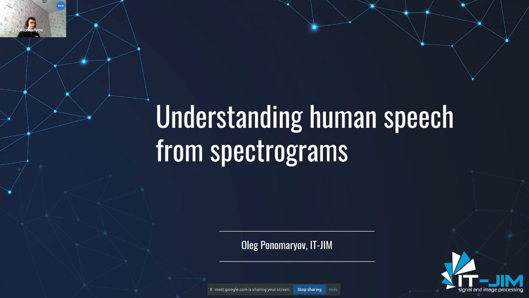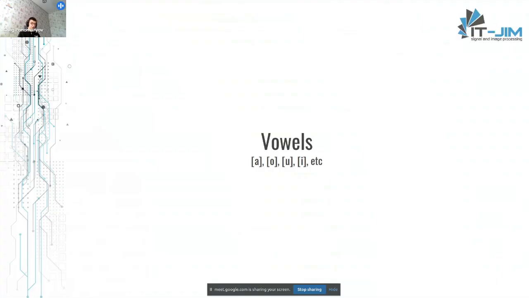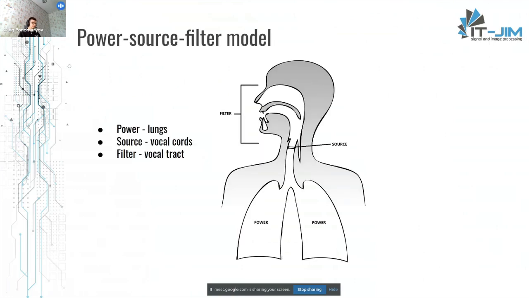So let's start. To learn to understand words from the spectrogram, we need to start with separate sounds. And we will start with vowels, which are sounds like a, o, u, e, and others. For this, we first need to learn about a popular model that is used to represent human speech, and this is the so-called power source filter model.